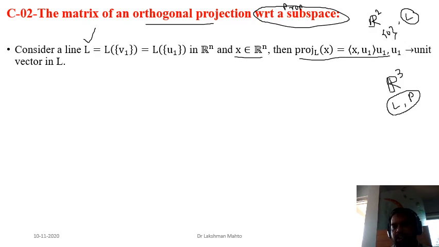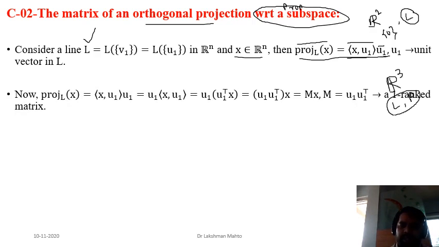That means the projection of x with respect to L is defined as this, where this one is the length of the projection, or simply the magnitude of the projection, and this is the direction of the projection. How did you get it? You just take the dot product of x with u1, that means you are projecting in the direction of u1. So this is the projected component of x in the direction of u1.